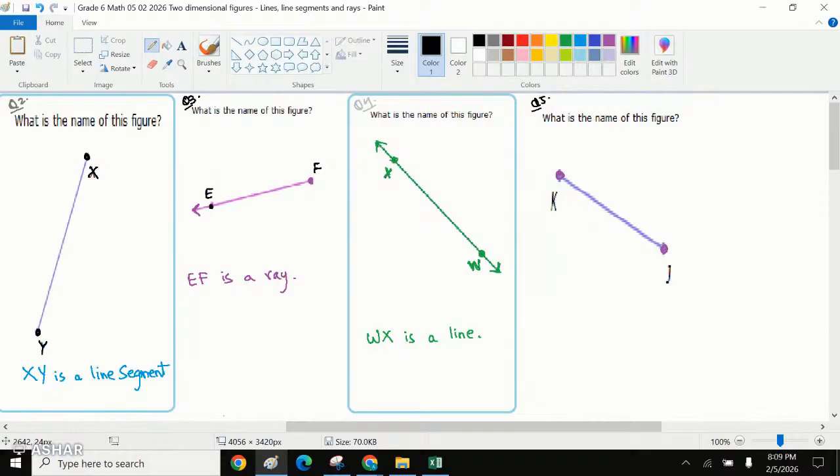Whenever there are two dots, that means we are bound between those two dots. So we can say that J and K, we always try to follow alphabetical order. I can write KJ, but I would recommend we follow alphabetical. JK is a part of the line, and whenever we say a part of the line, we say segment.